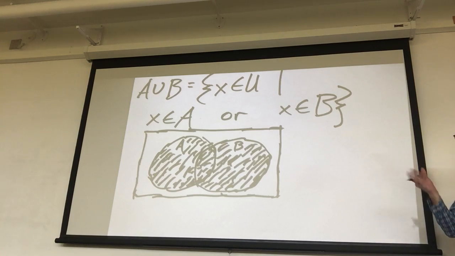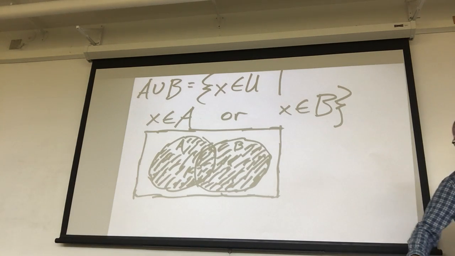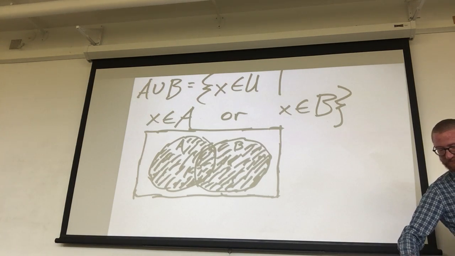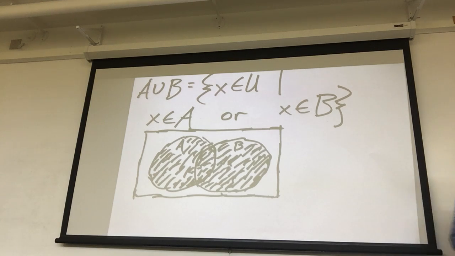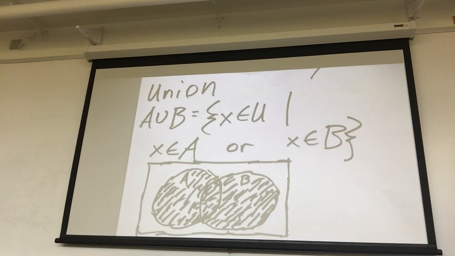Okay, so what's meant by union is it can be either in A or in B. Okay, so we have the concept of union.